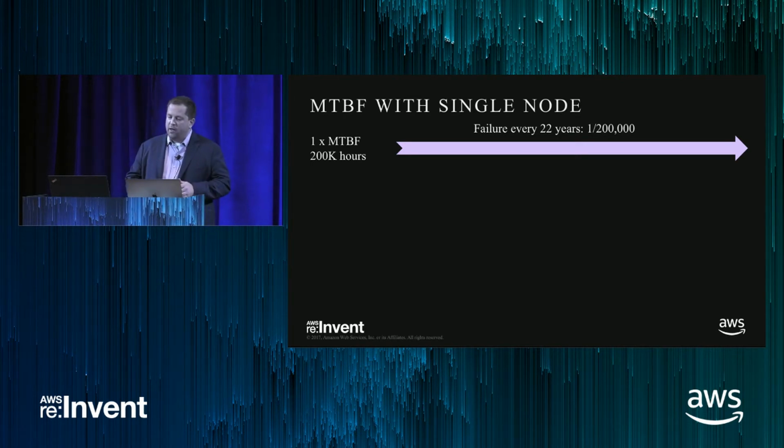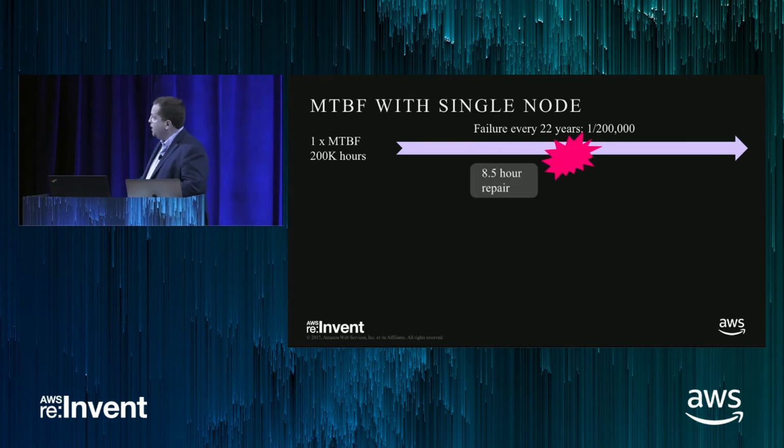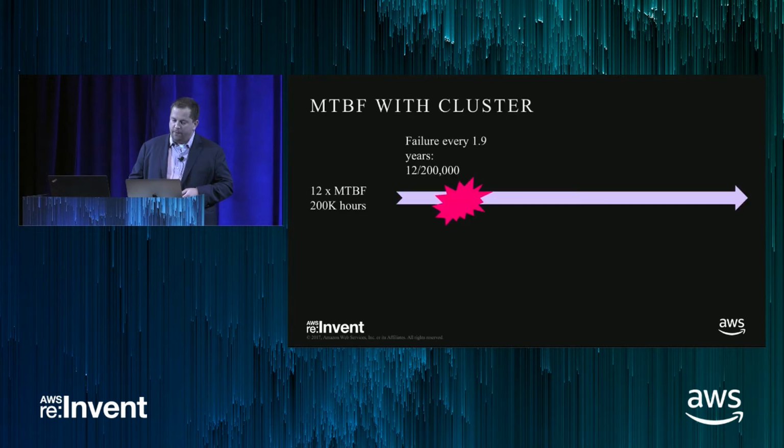But let's just assume that it will fail every 200,000 hours for the sake of argument, which means that every 22 years that thing will fail. That's a long time, but the way that probability works is that if you have a lot of something, it compounds. So let's imagine that it takes you 8.5 hours to repair, but you have 12 of those things.